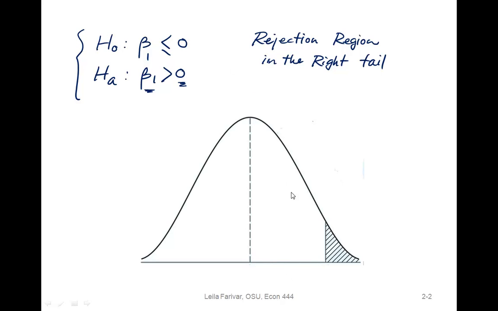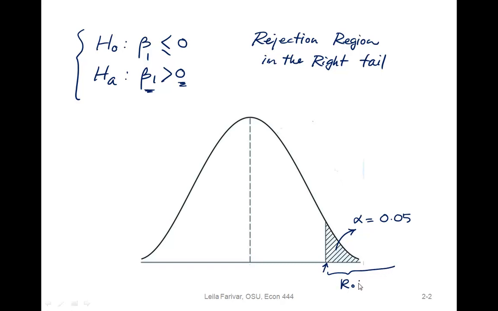So looking at the picture, if the shaded area is equal to alpha, the significance level of the test, let's for now assume that alpha is equal to 5%. Then if I find the borderline of this shaded area, the point here, anything to the right of this point will constitute my rejection region.